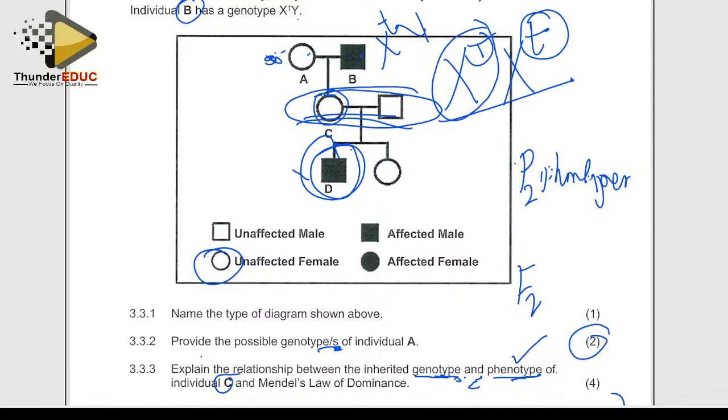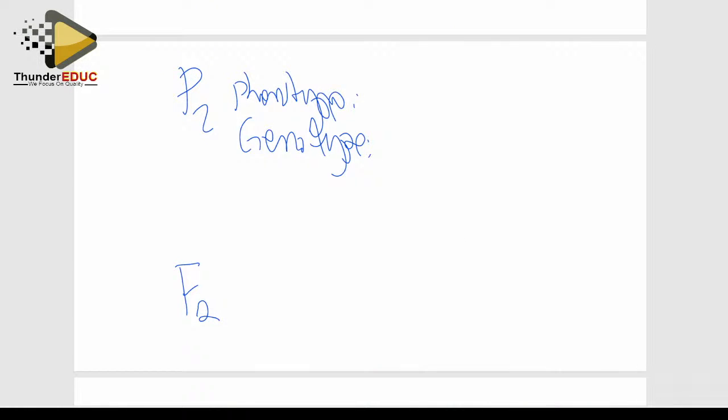Then here, remember now these are the parents. So it's gonna be normal female crossed with normal male.